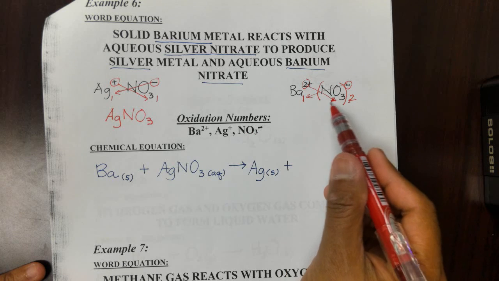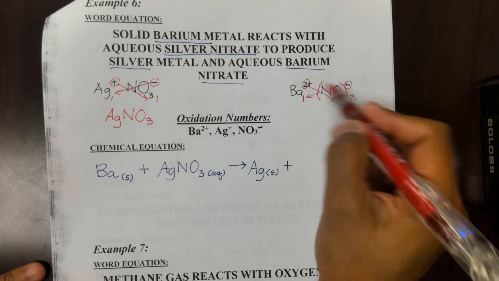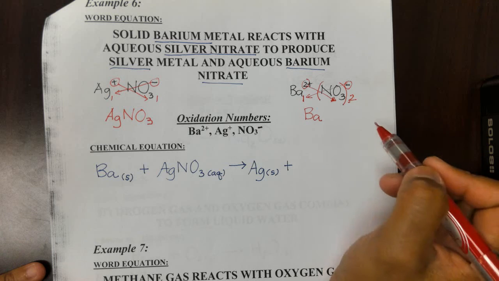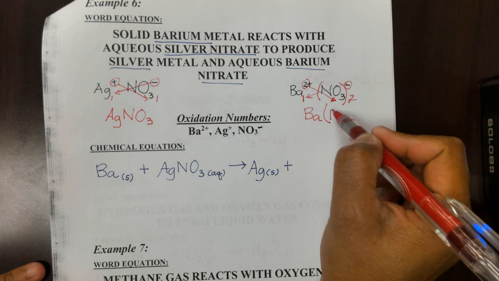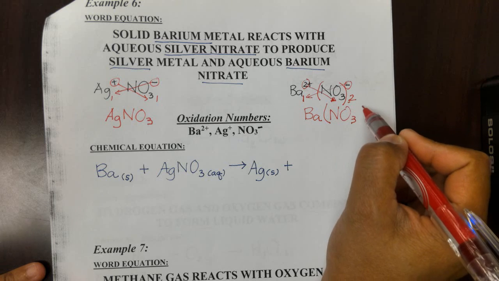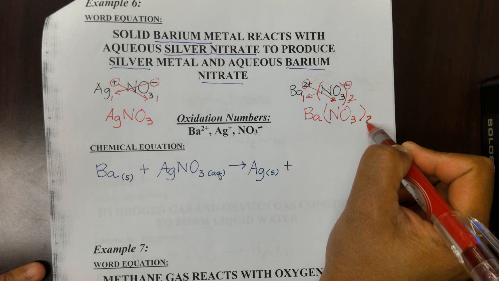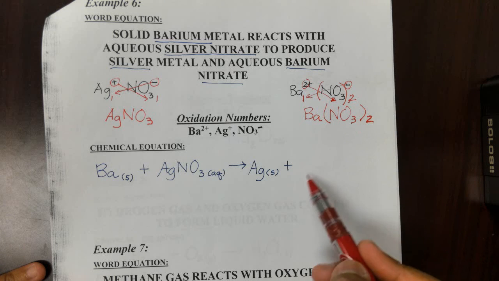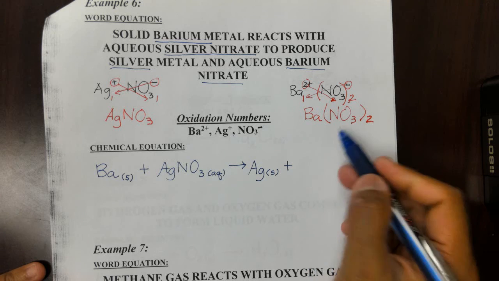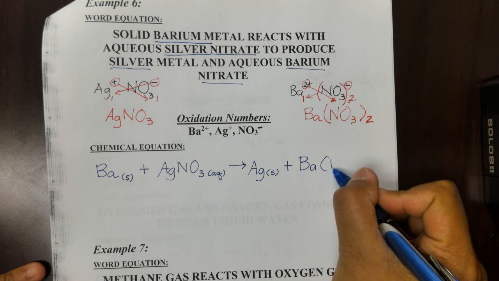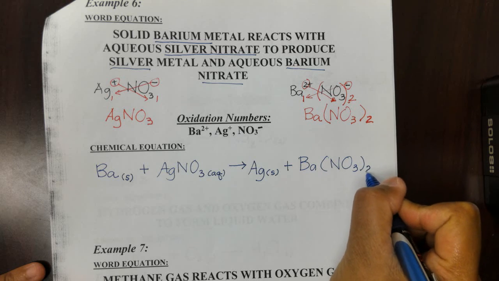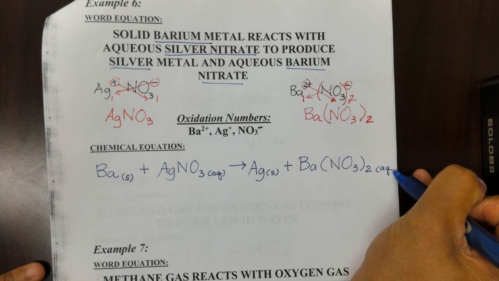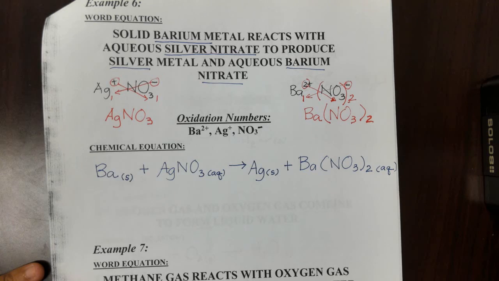So NO3 is retained here. So barium nitrate overall is written as just Ba. 1 is not written anymore, and then open parenthesis NO3, close parenthesis, then the 2 that we transferred, you put it outside as a subscript. So that barium nitrate will be written here as Ba NO3, close parenthesis 2, and because it says AQs, so therefore we need to put AQ after it. And that is examples.